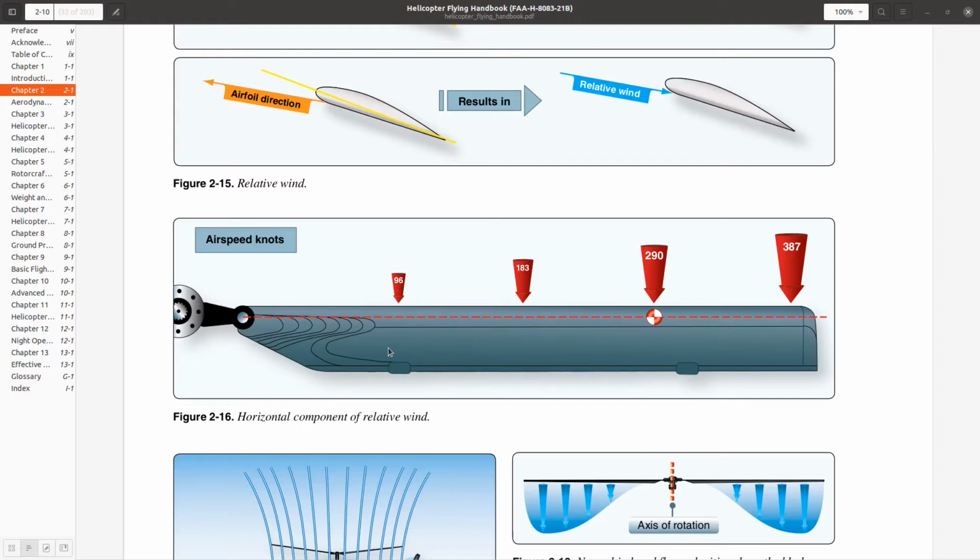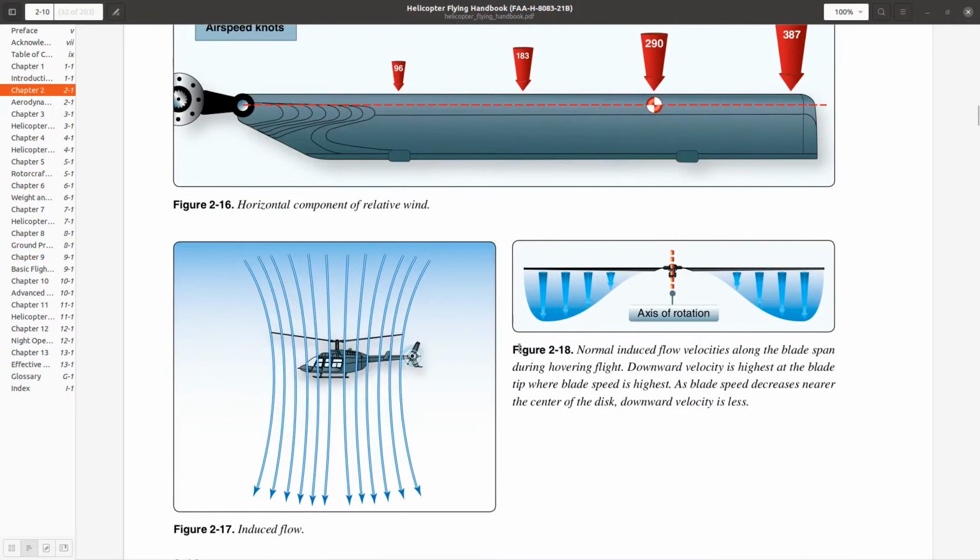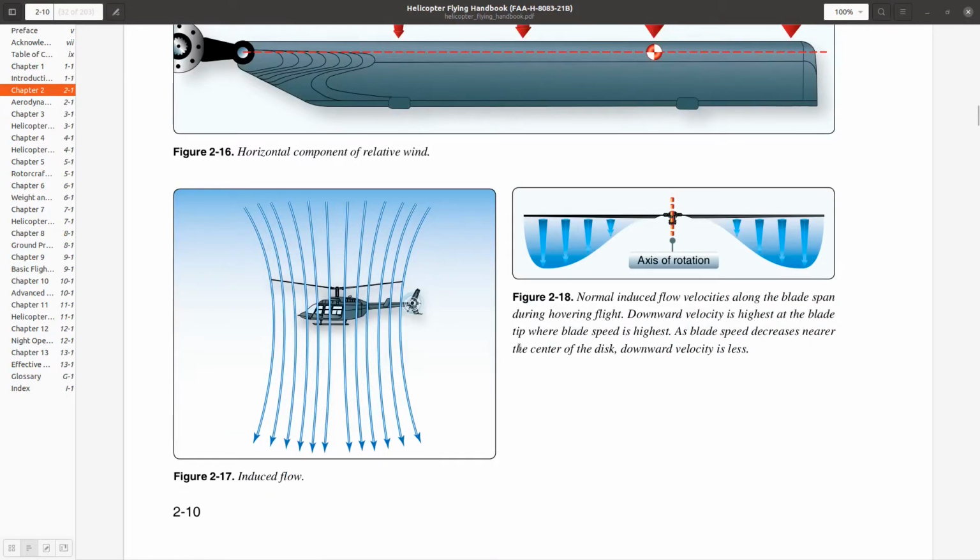It also affects my drag. We talked about that as well. So if you look at a helicopter, we have what we call induced flow. This rotor is sucking air down through it.